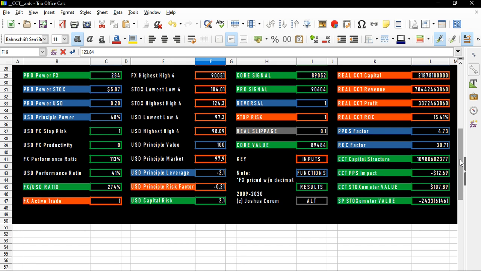Now, the bottom four metrics of our STOXometer, these four green boxes, Quorum's capitalism theorem capital structure metric for UPS is 10,980,602,377.